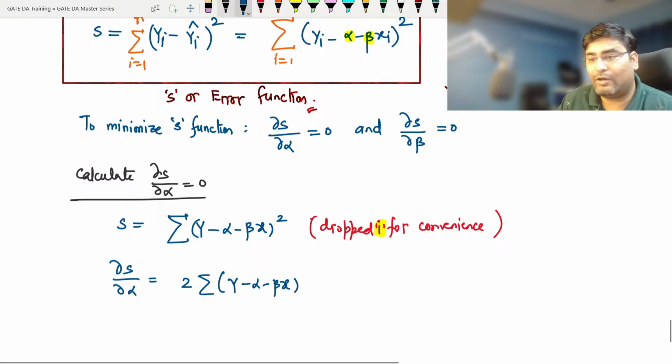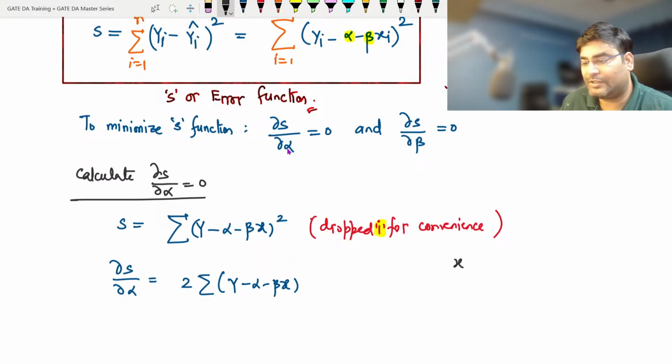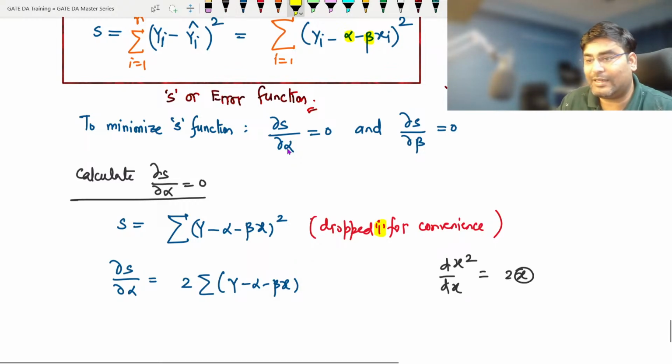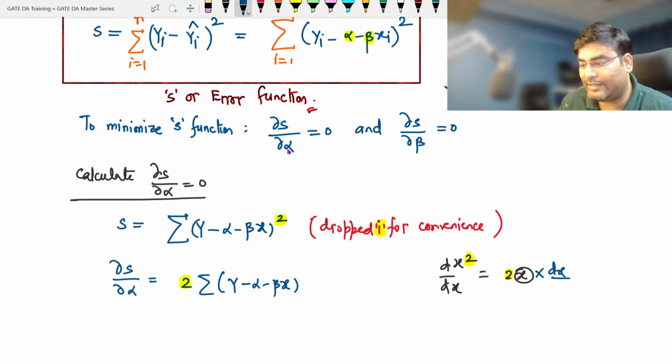I hope everybody knows this kind of baby differentiation. Suppose I say, what is d of x square with respect to x? It is 2 times x. So you can clearly see that this 2 comes here, similarly, this 2 will come here, and then you will write everything as it is. Then you get into the chain rule, where you write dx by dx, which is actually 1.